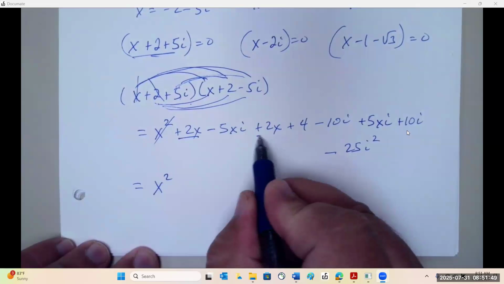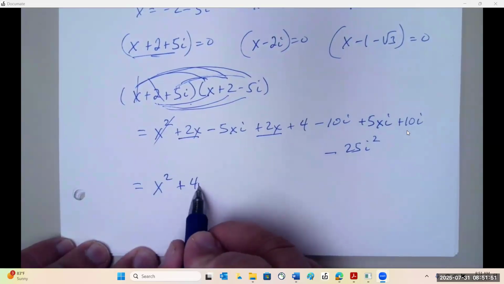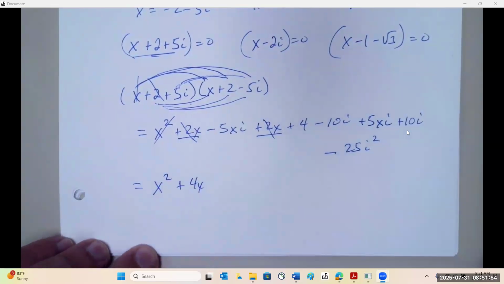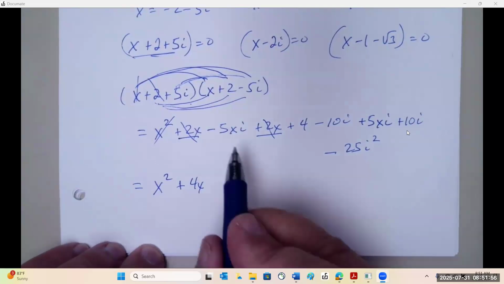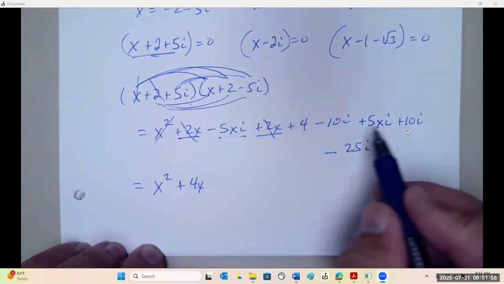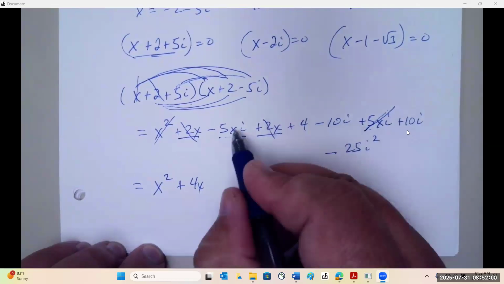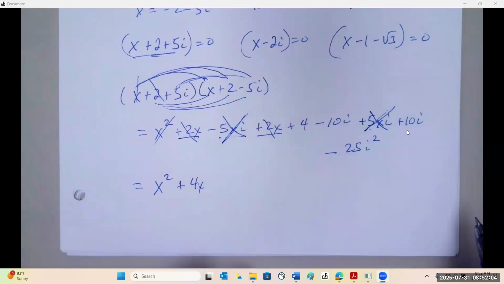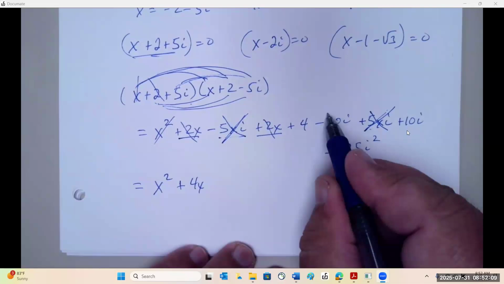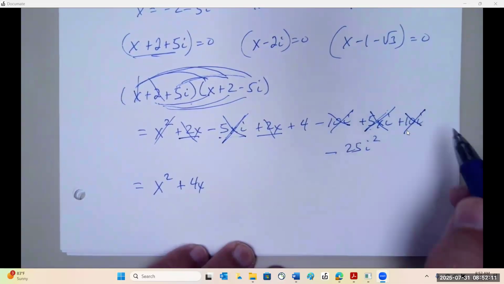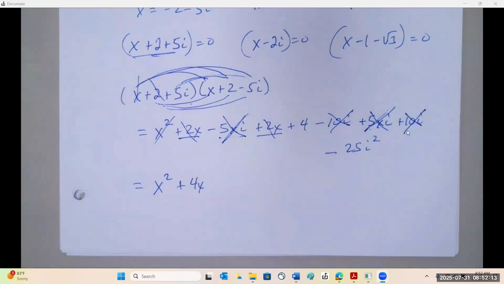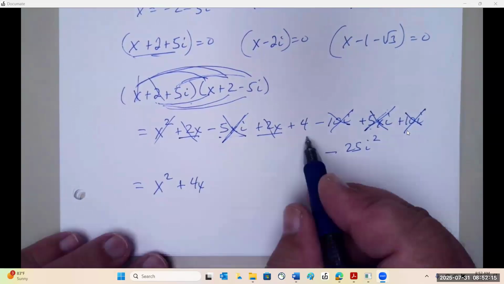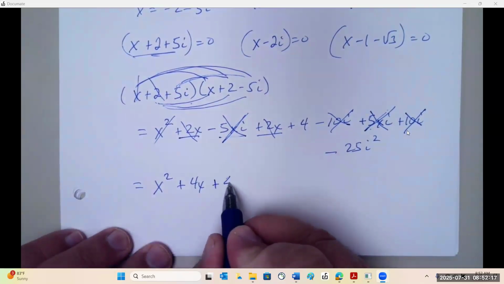Here's a 2x, there's another 2x, so that's 4x. We have negative 5xi, positive 5xi, so they cancel. Here's a negative 10i and a positive 10i, they cancel. So we have a positive 4.